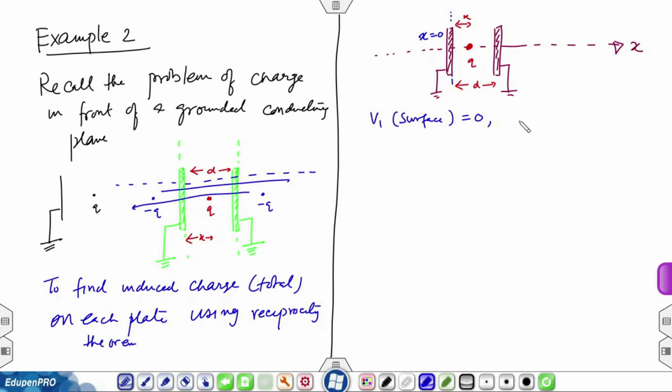So, that I have rho 1 is equal to q delta of r minus x. Integration sigma 1 on the left plate ds I want to find out, and I also want to find out sigma 1 on the right plate ds is equal to 0. This is what I want to find out.